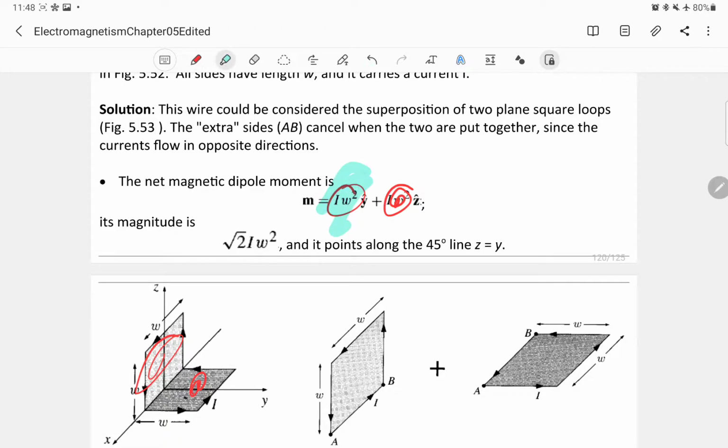So for here you will have an m going this way, and for this you have an m going that way.